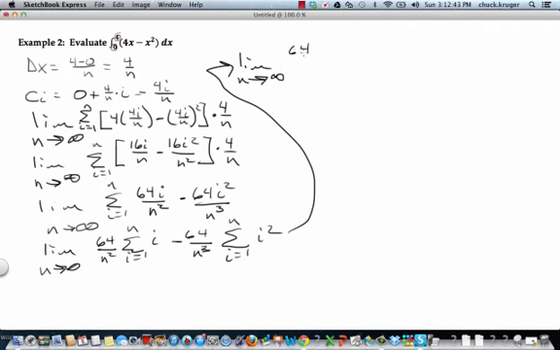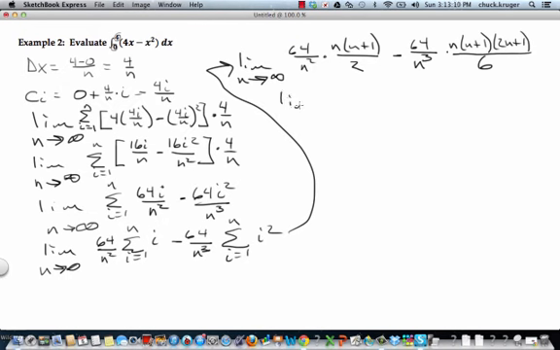and that gives me the limit as n goes to infinity of 64 over n squared times n times n plus 1 over 2, minus 64 over n cubed times n times n plus 1 times 2n plus 1 all over 6.